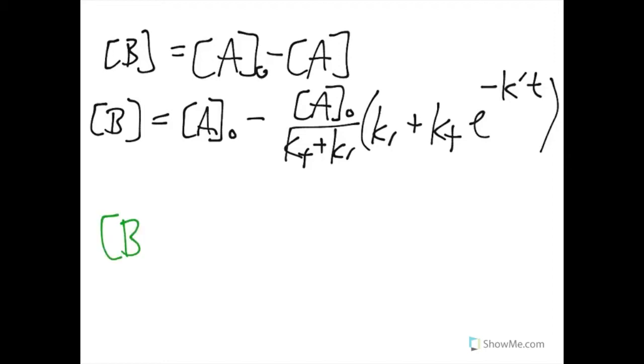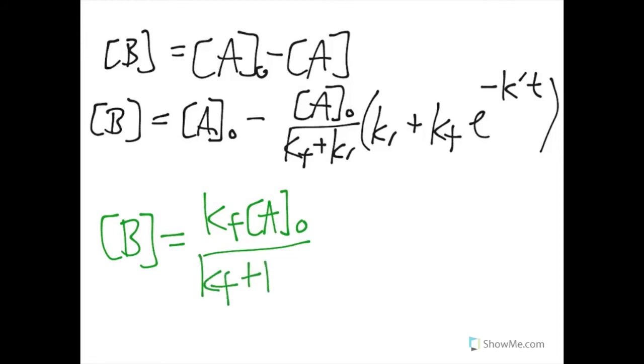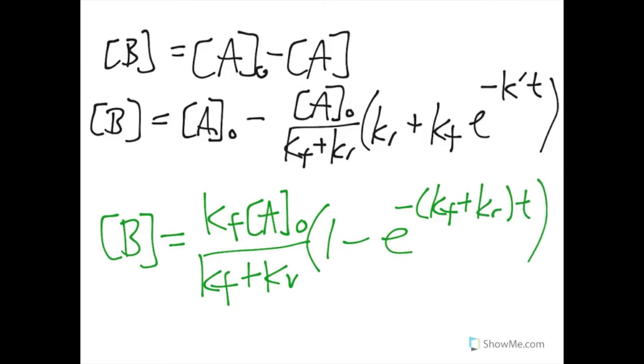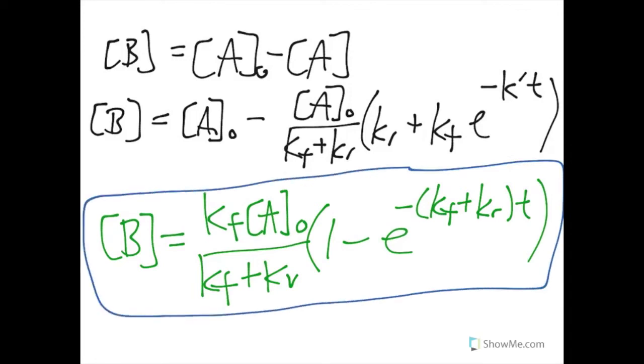And doing a little bit of rearranging, we get Kf times A naught over Kf plus Kr times 1 minus e to the minus (Kf plus Kr) times t. So our time dependence in the exponent has not changed, but the rest of the equation has changed a little bit.